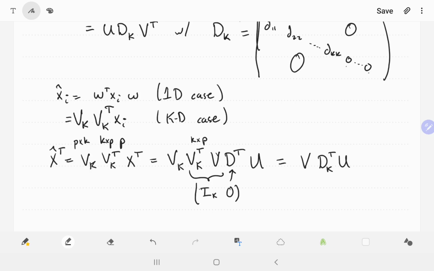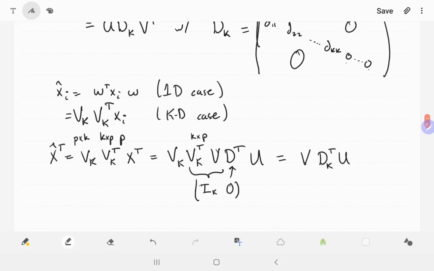You could also think about it as making d sub k and V sub k lower dimensional. It wouldn't matter because those right eigenvectors get ignored anyway.